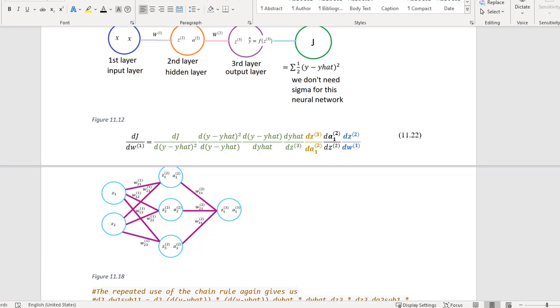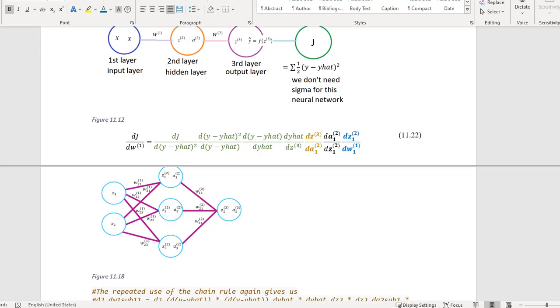And here, this is z2, so I have to change that to z2 sub 1. And this was w1, but this has to be w1 sub 1. So we need to make those changes, and other than that, everything is the same.